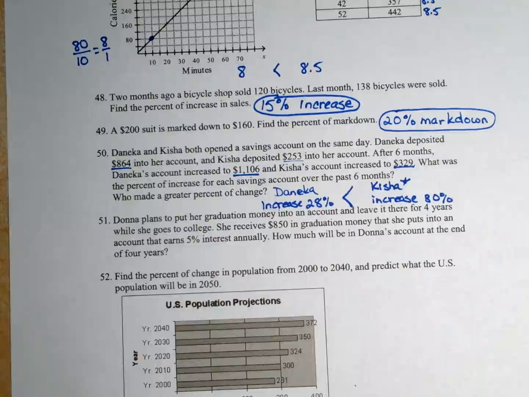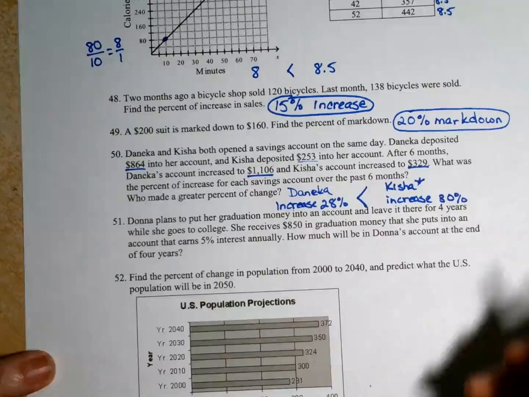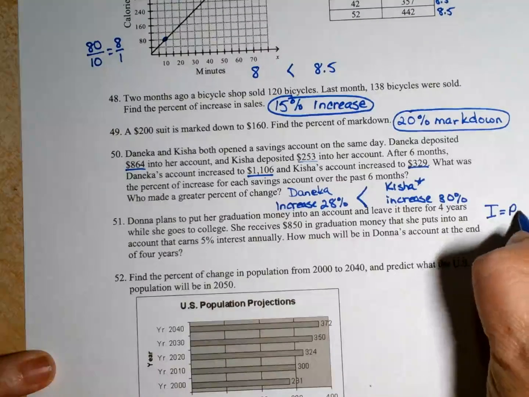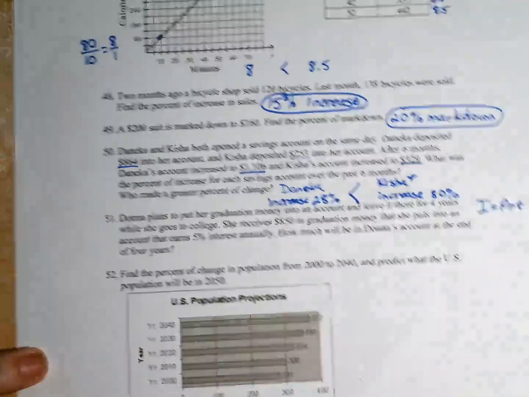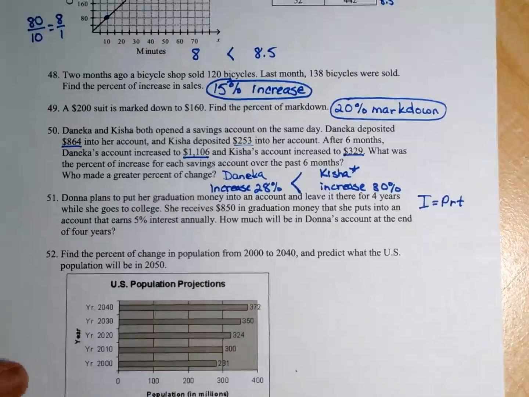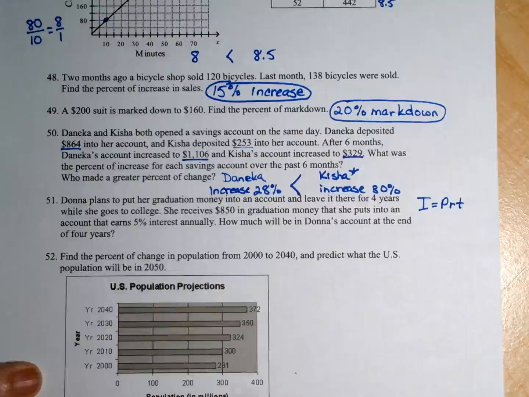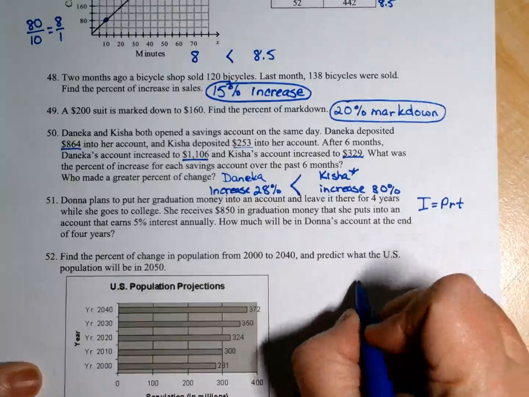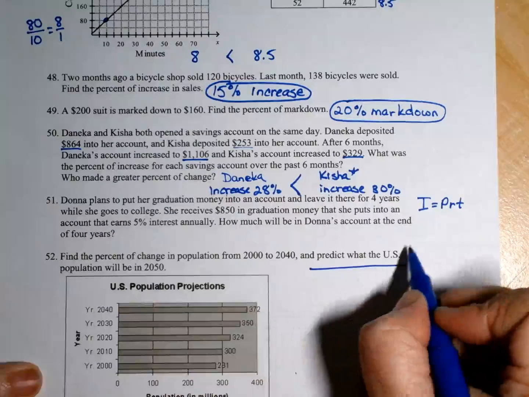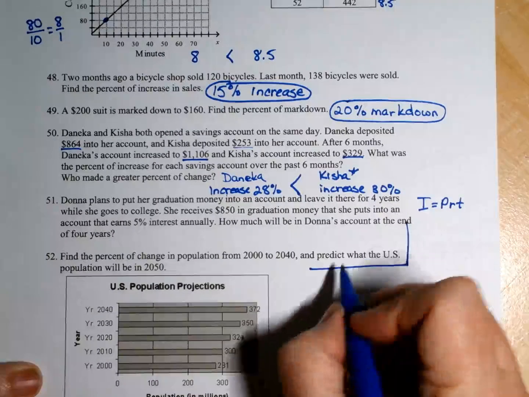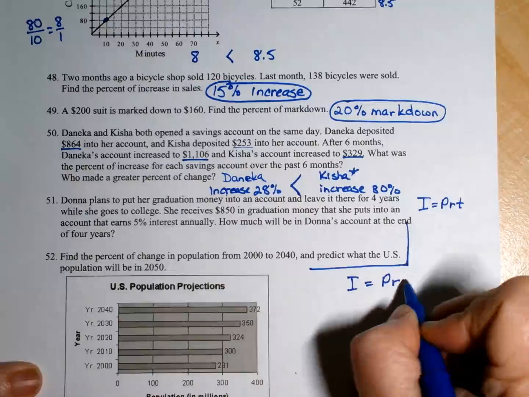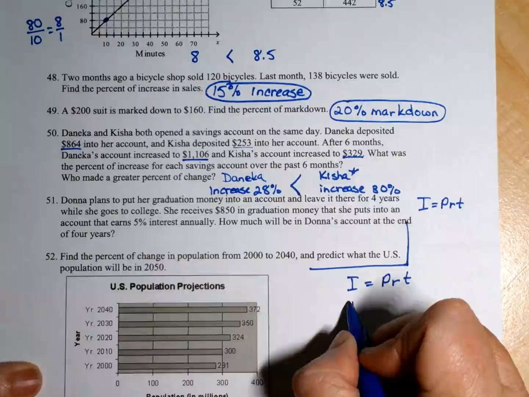Okay, do we remember what our formula for simple interest is? Remember, we have interest equals principal times rate times time. I equals PRT. Okay? So I got to figure out what her interest is.